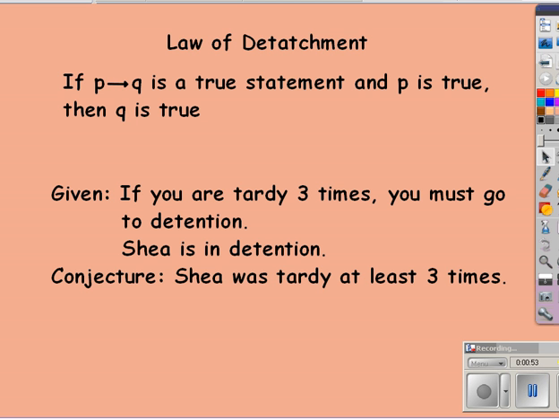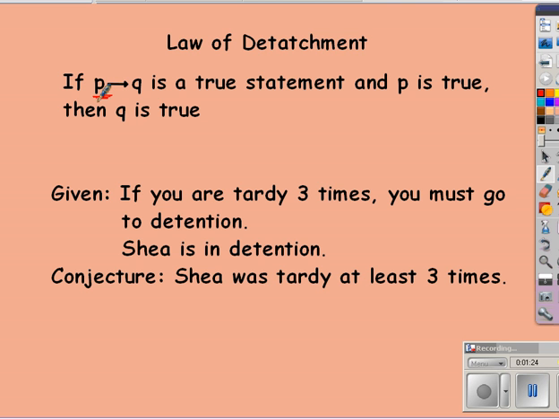First example I have here, if you're given the conditional statement, if you are tardy 3 times, you must go to detention. They also give you that Shay is in detention. Their conjecture, their educated guess, is that Shay was tardy at least 3 times. Given the law of detachment, what you're really looking at is the hypothesis.